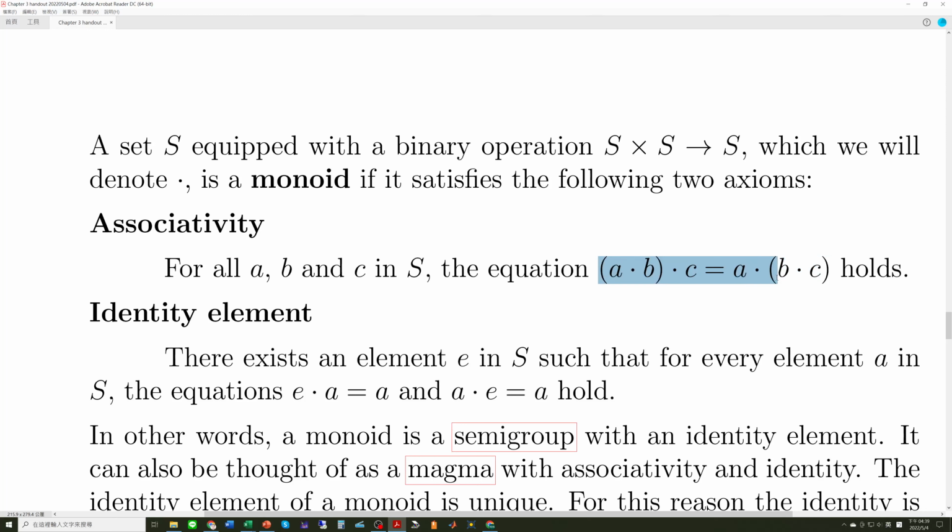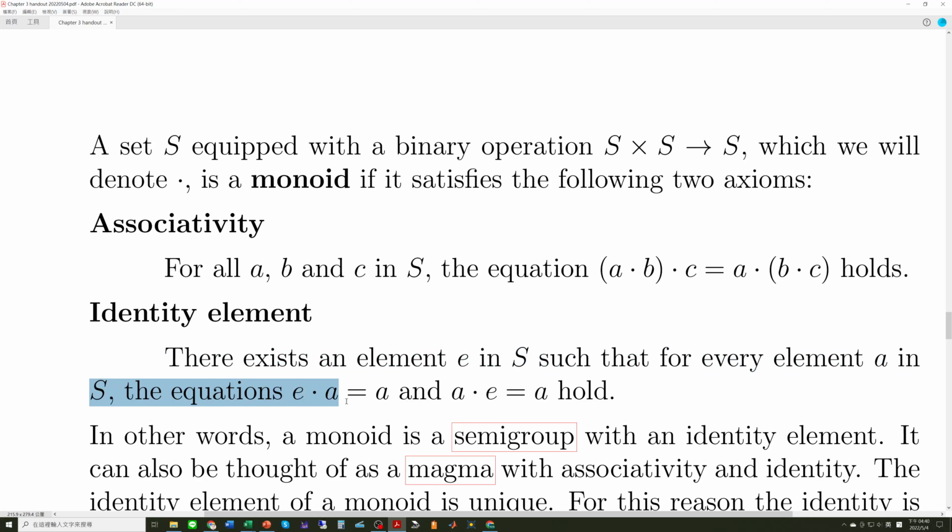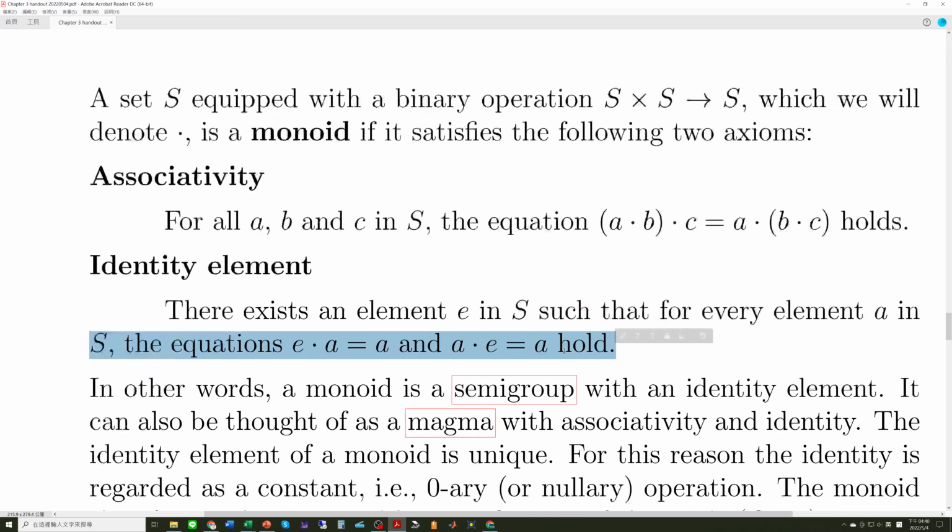Both sides of this equation are equal to each other. Second is the identity element. There exists an element E in S such that for every element A in S, the equations E dot A is equal to A and A dot E is equal to A hold.